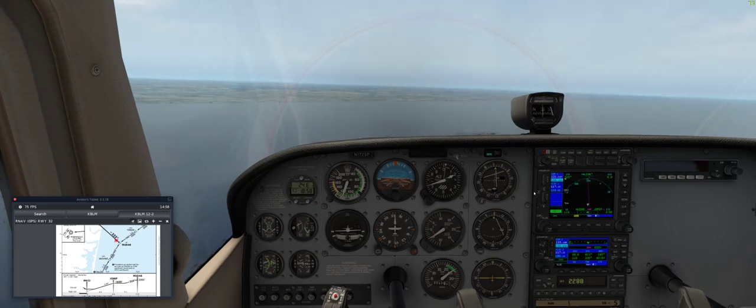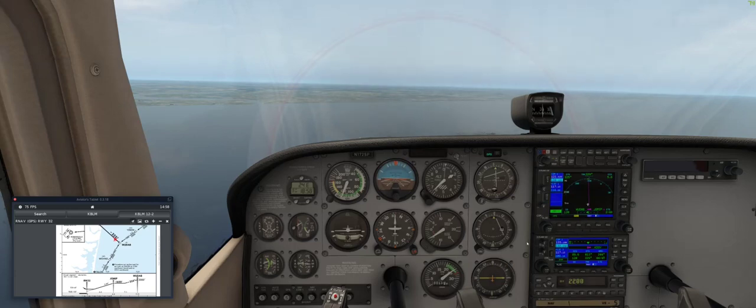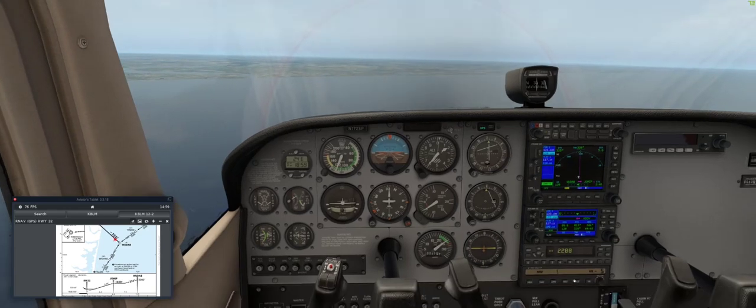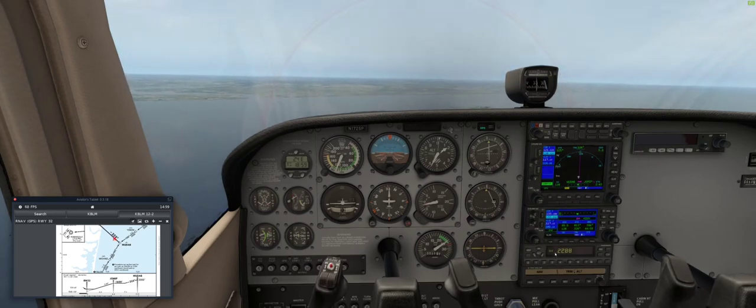Now if it says I'm below the glide slope, why am I descending? Oh, because the approach says 1600 is where you intercept. So we're going to do that.